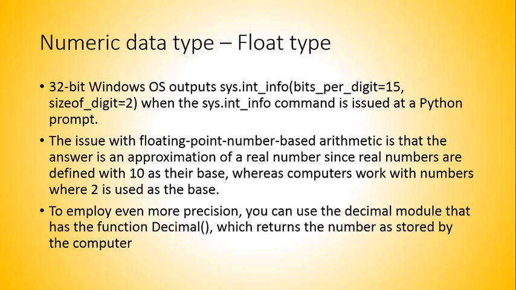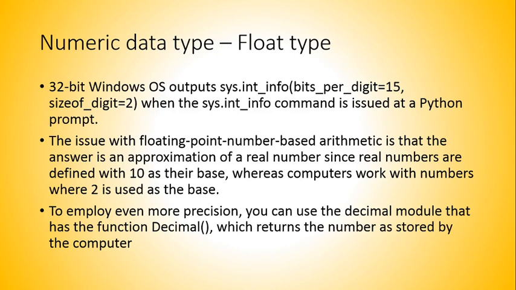So to employ even more precision, you can say, for example, if you are using a conversion function, meaning you are writing a command, writing a number of 0.123, it will be shown as 0.123 in decimal format, but actually in the number system it has been converted to a base value.